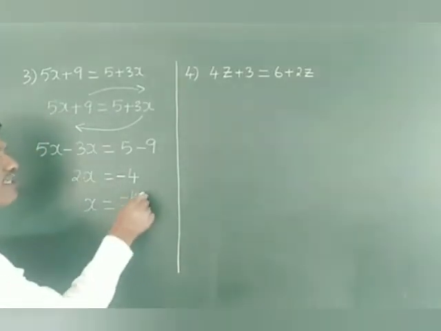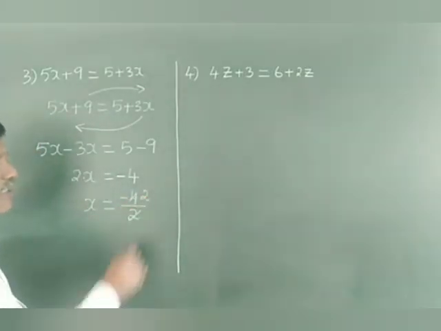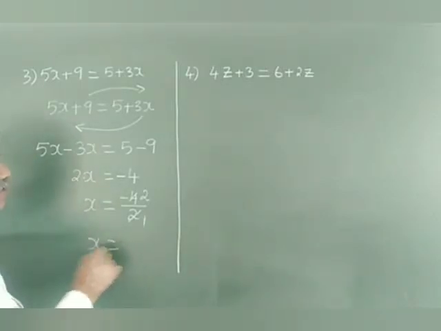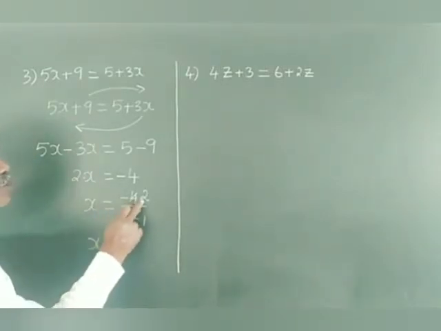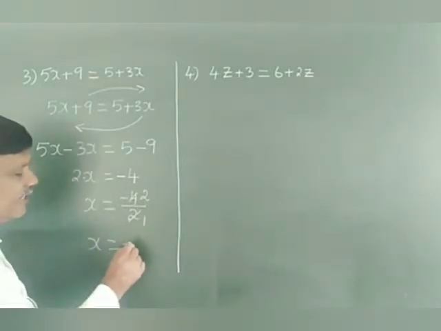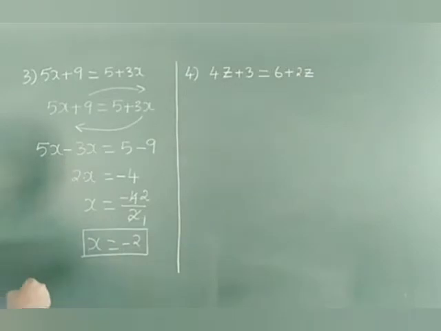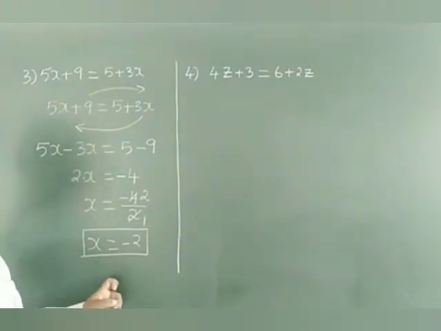Now 2 cancels 4 two times, and here it goes one time. Therefore x equals minus 2 by 1, that is minus 2. Therefore the solution for this equation is x equals minus 2.